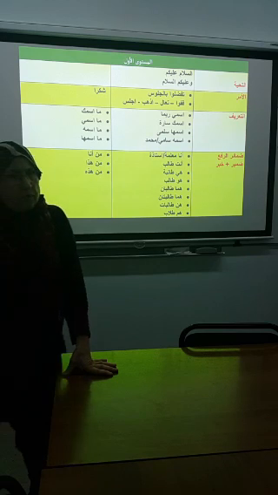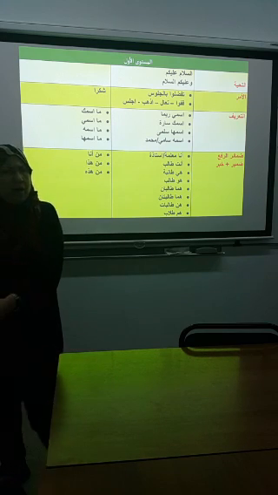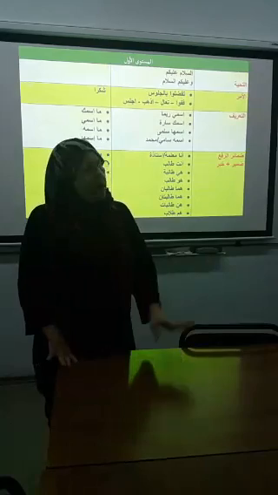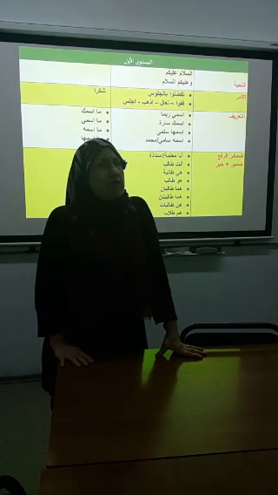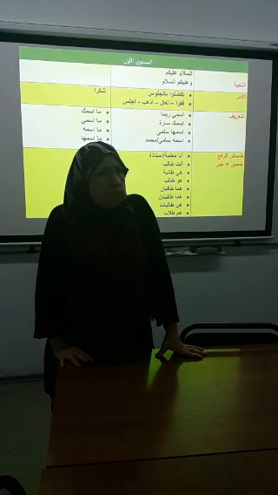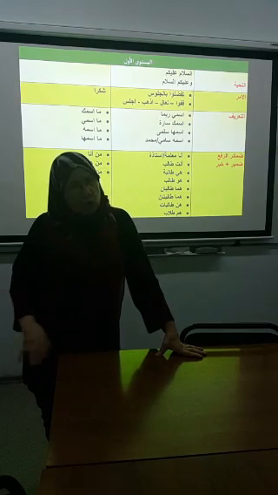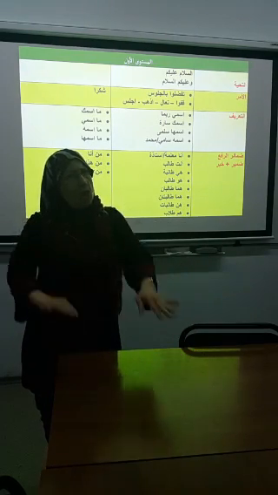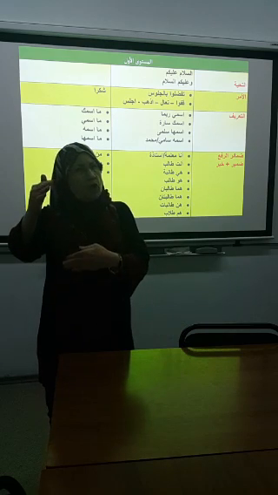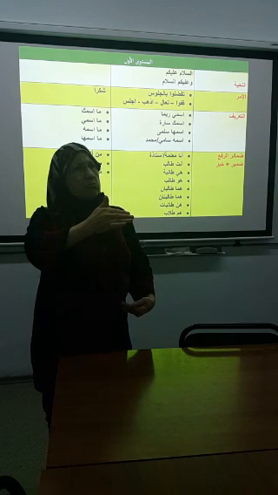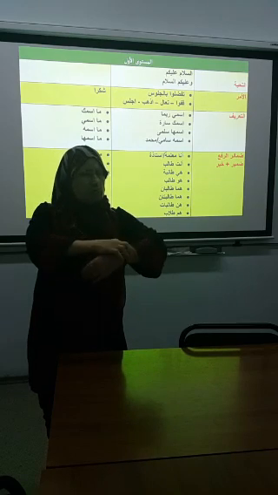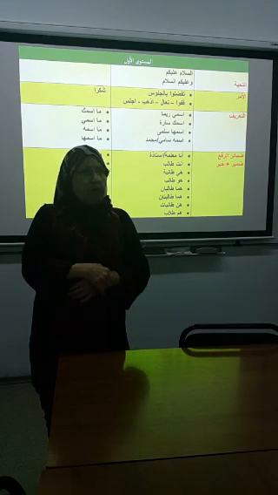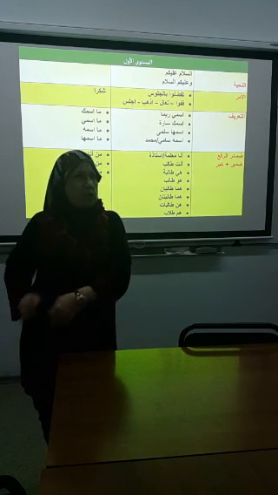We can teach part of those in level 1 and then another part in level 2 or level 3 or level 4. So we choose the easy ones for level 1 and the more difficult ones for another level. They don't have to learn all of them. So days of the week, months, telling the time. It doesn't have to be in level 1 because it's difficult.